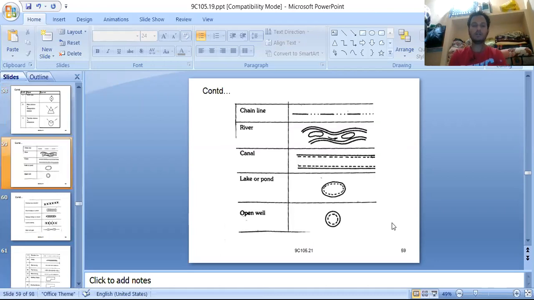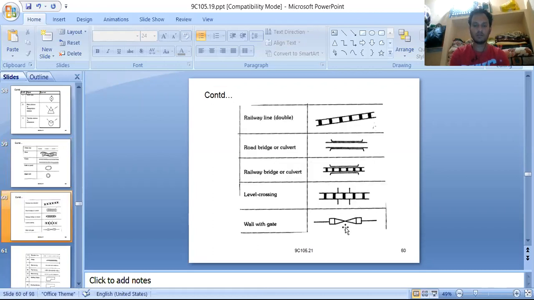The chain line is indicated by a straight line and three dots, and again a straight line and three dots. This is how the chain line is represented. Similarly, for all general objects, we have different symbols which we have to use in drawing the field book.